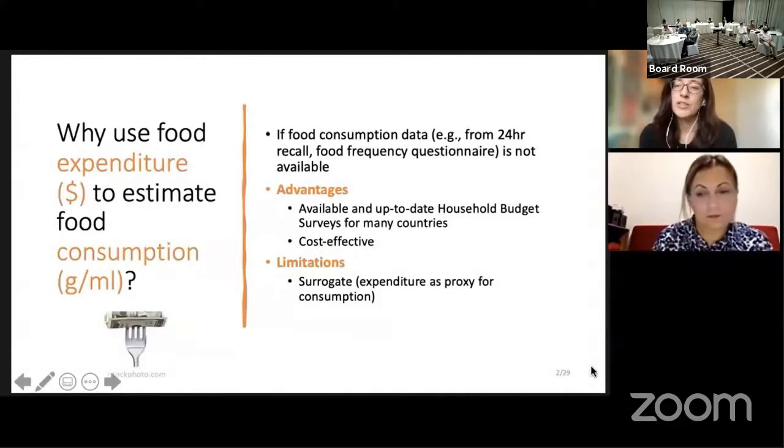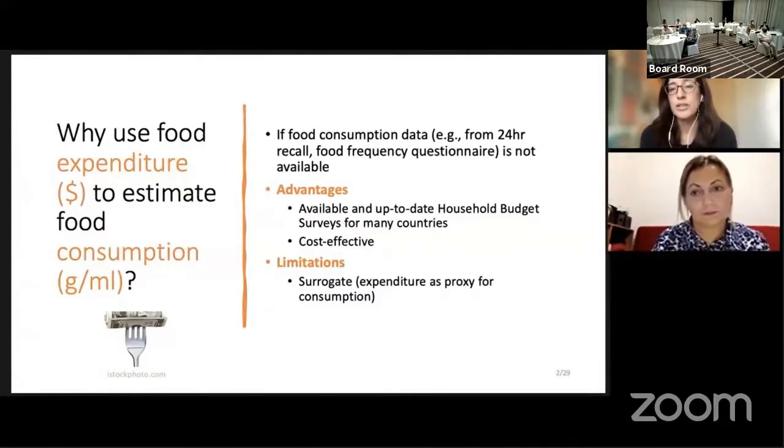Food expenditure data collected in household budget surveys is data in monetary value, so for example in dollars, representing the amount a given household spends in different food items in a given time frame, so for example in 1 week. When food consumption data is needed, like for chemical exposure assessment or for total diet studies, information collected via specialized methods such as 24-hour dietary recalls is the gold standard.